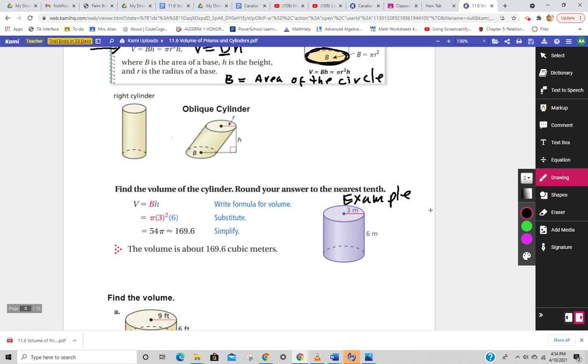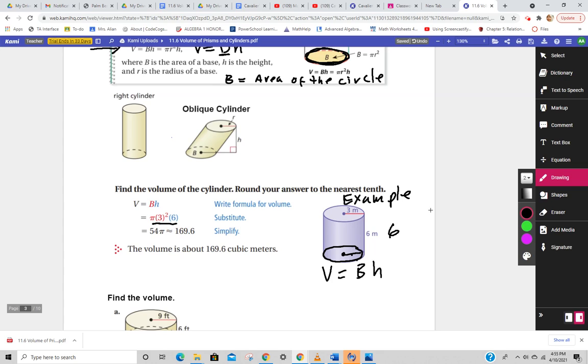All right, so let's look at this example right here and find the volume of a cylinder. All right, so it's base times height. Well, the base is the circle. We want the area of the circle with a radius of 3. So we will take pi radius squared for the area of the circle. This gives us pi 3 squared, and then times the height, which is 6.